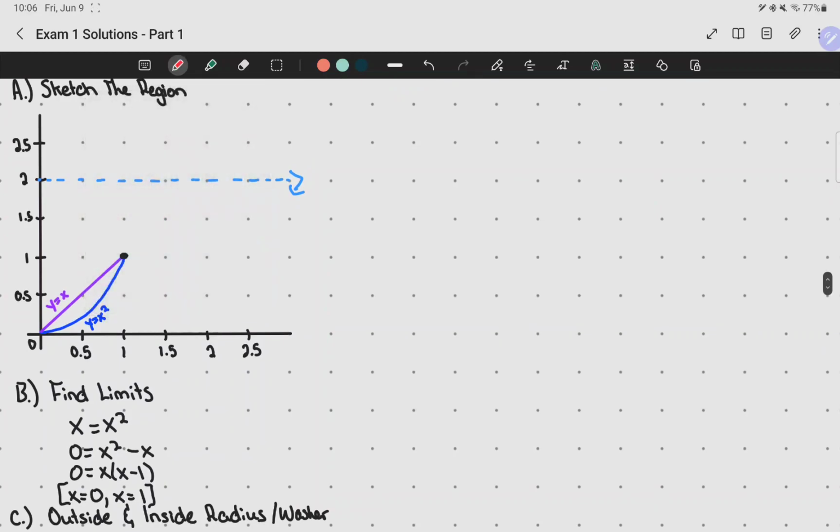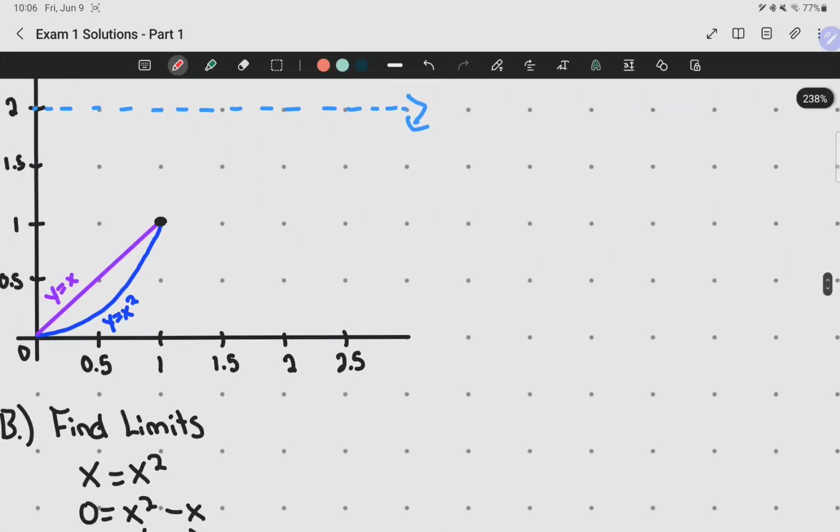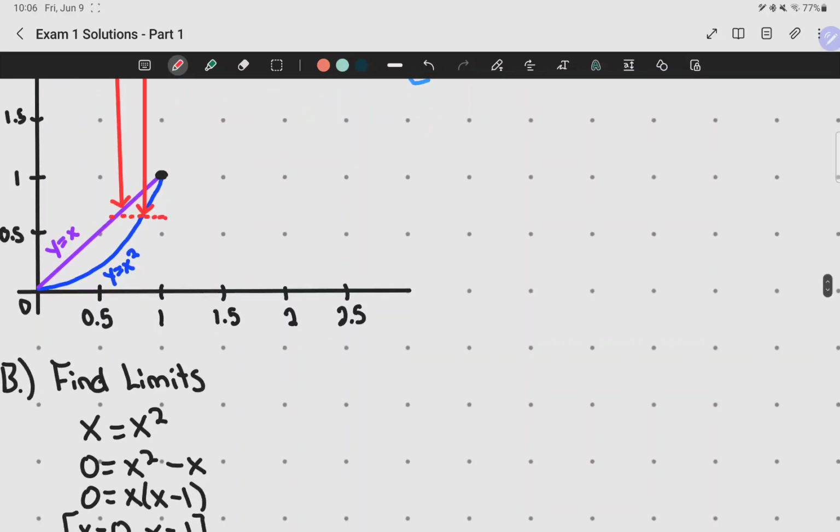Our next step is to find our outside and inside radius. From our line y equals 2, we're going to draw a line, stopping just before you hit the line, and then draw another line. There's not that much of a difference, but if you see, this one is lower.